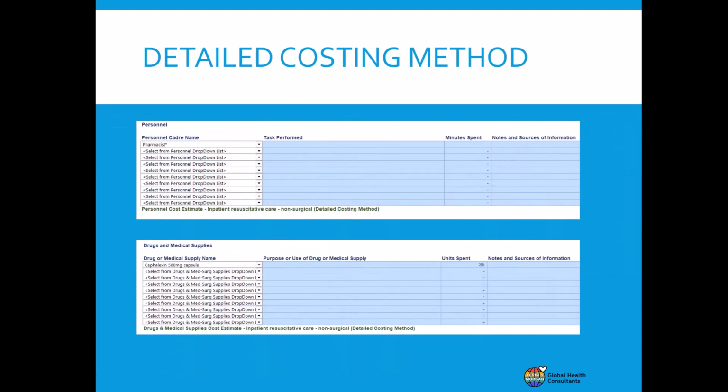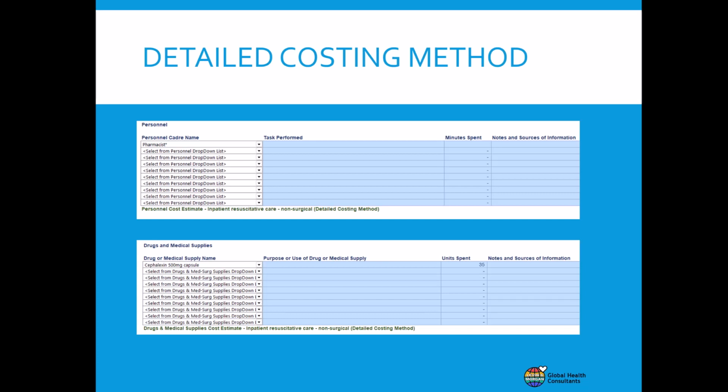In the detailed costing method, then, we will be presented with a series of pages that we have to fill out, in which we tell the tool what type of people and what types of other resources are used to complete a treatment procedure.